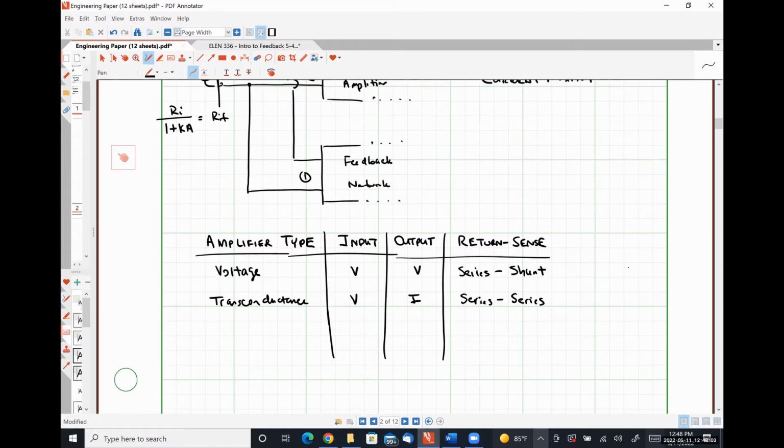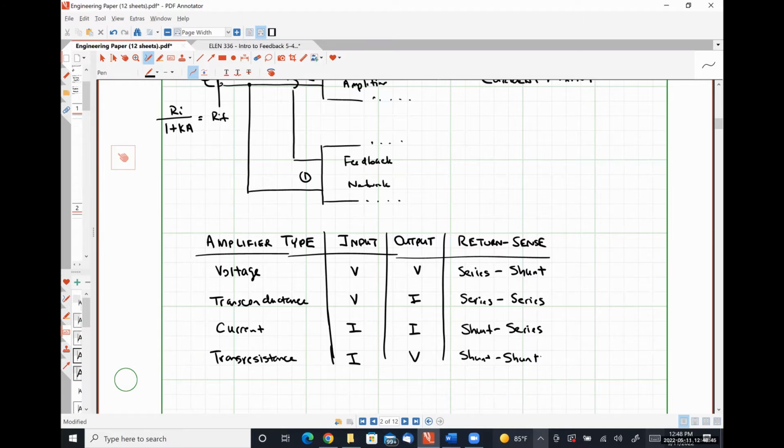We have current amplifiers, where the input signal is a current, the output signal is a current, and so this is a shunt series configuration. And then finally, we have trans resistance amplifiers, where the input is a current, the output is a voltage, and so this is a shunt configuration.